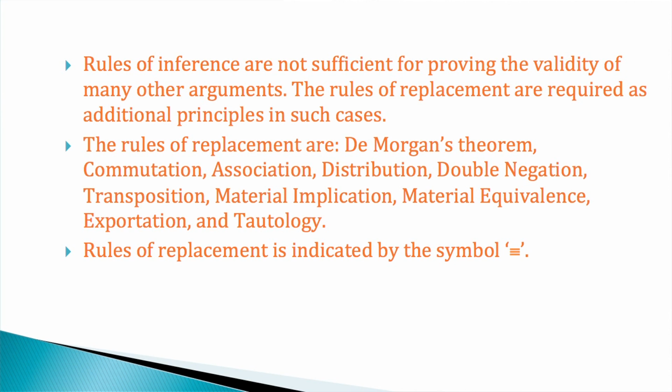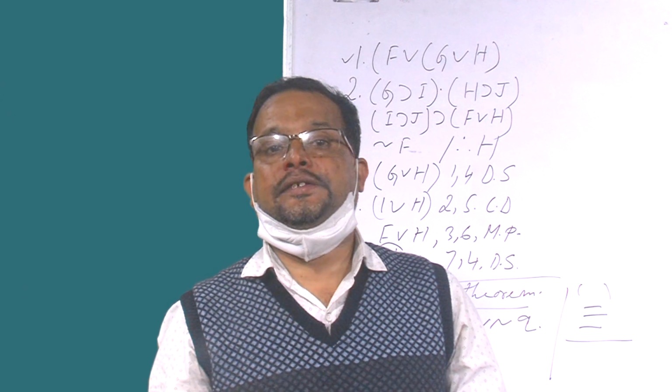These rules are De Morgan's theorem, commutation, association, distribution, double negation, transposition, material implication, material equivalence, exportation, and tautology. Rules of replacement are indicated by the equivalence symbol. So, these are the basic points.